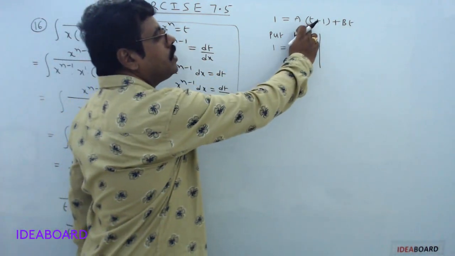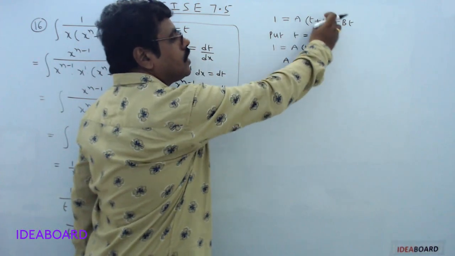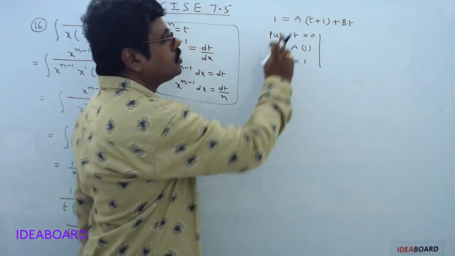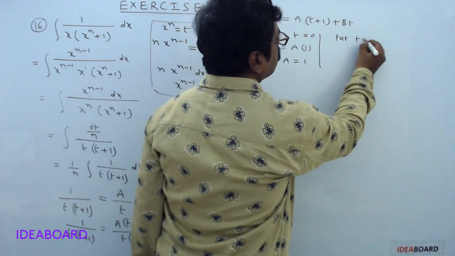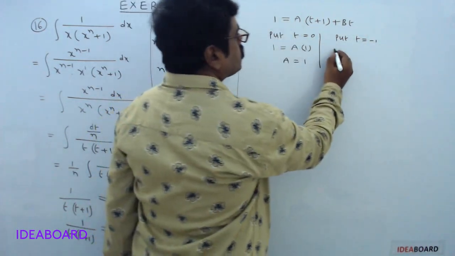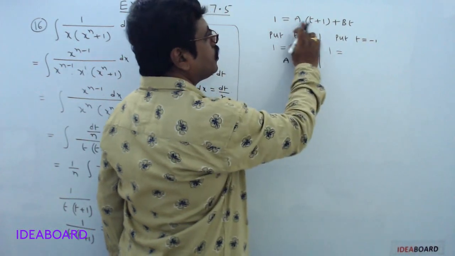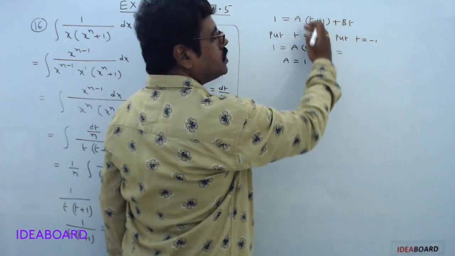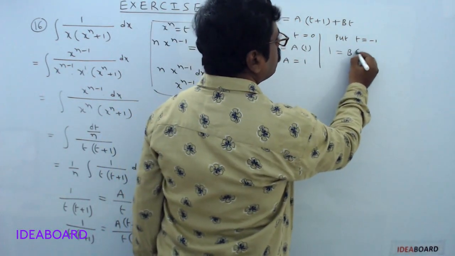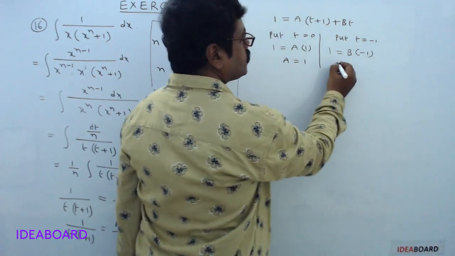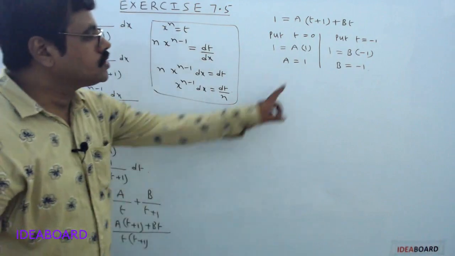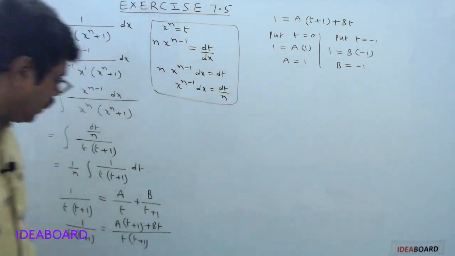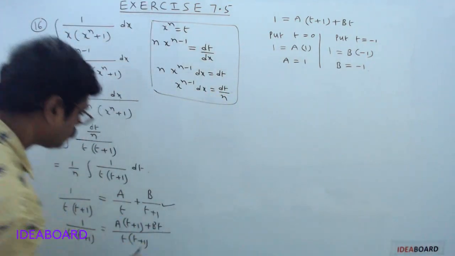By substituting t equal to minus 1, this term value will be 0. So write t equal to minus 1. 1 equals a into (minus 1 plus 1), which is 0, so b into the t value, minus 1. Therefore, the value of b is minus 1.